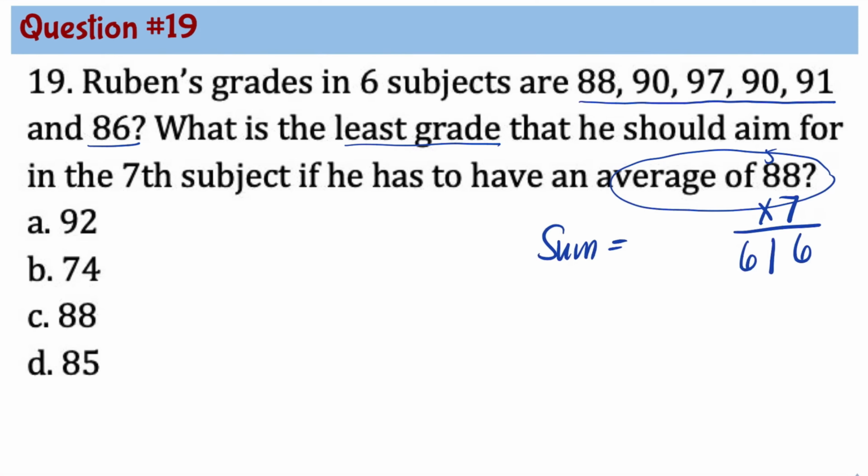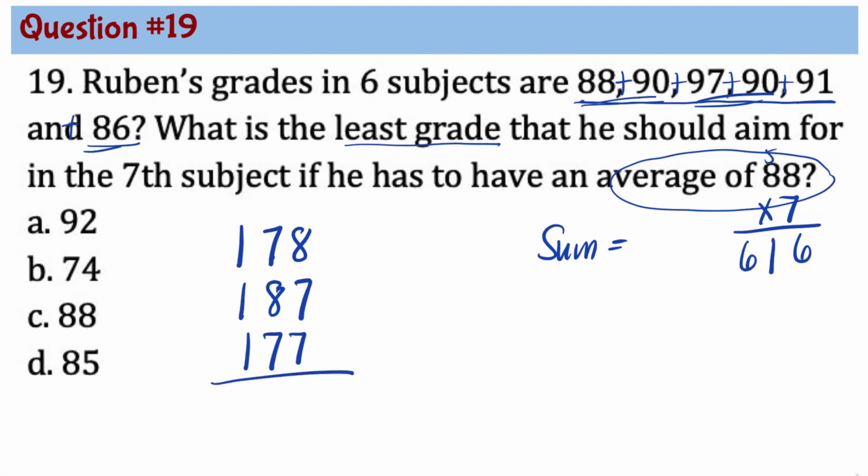So all we need to do now is add the 6 numbers: 88 plus 90, plus 97, plus 90, plus 91, and plus 86. So 88 plus 90 is 178. 97 plus 90, 187. 91 and 86, that's 177.